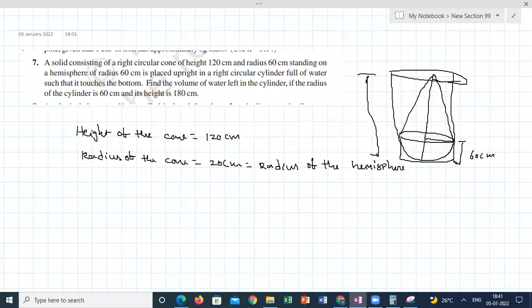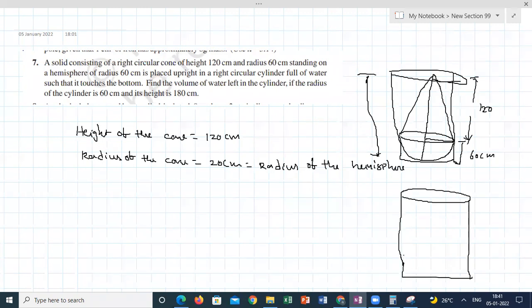The vertex is touching the brim level, because the height of the cone is 120 and the radius of the cylinder is 60. If this is my cylinder, this is how the situation looks.